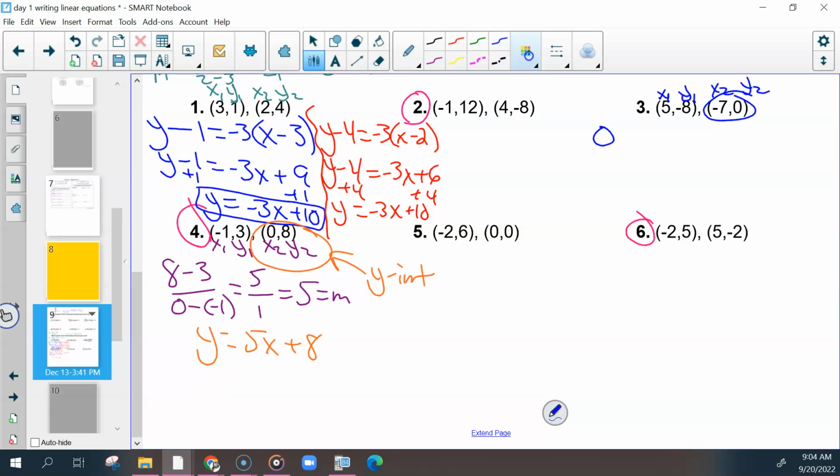So we have 0 minus a negative 8 over negative 7 minus 5, over negative 12. That can be simplified down to what? Yeah, negative 2 over 3.